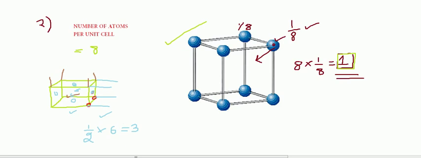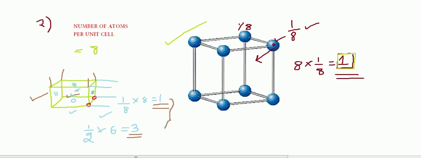Not only do we have these face atoms, we also have atoms at the corner. So how much are they contributing? 1/8 into 8. So their contribution is 1. So per unit cell of face centered, having 8 atoms at the corner is equivalent to having 1 atom, and having 6 face atoms on the faces is equivalent to having only 3 atoms.